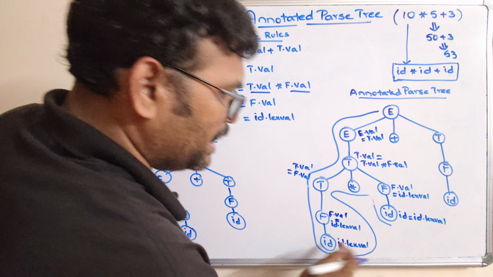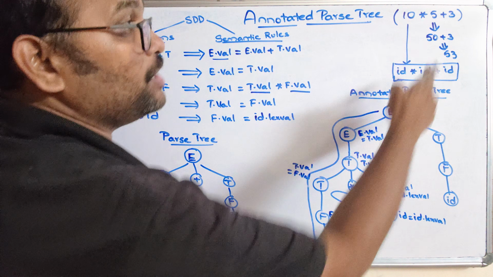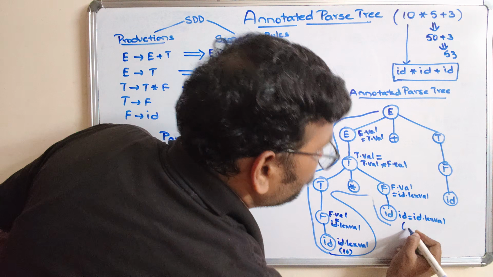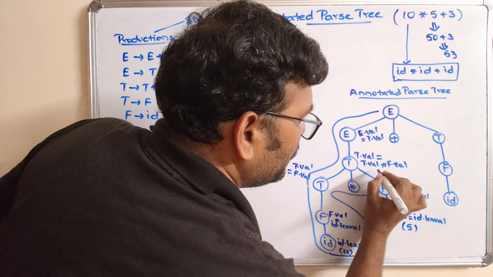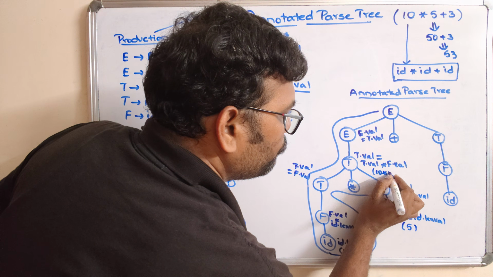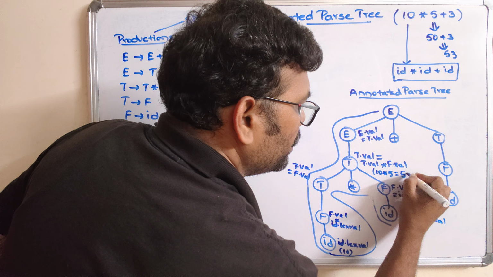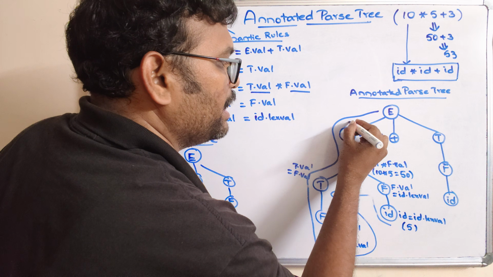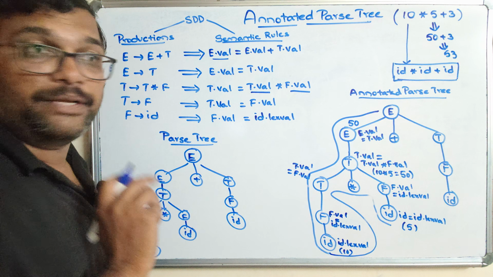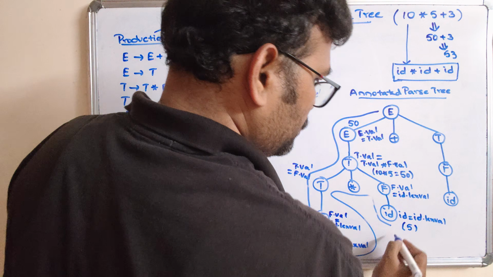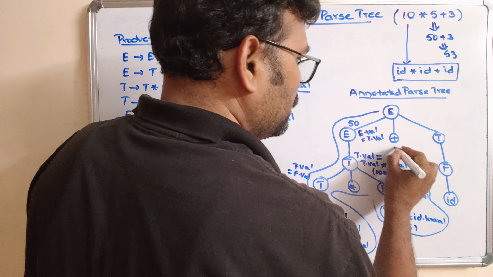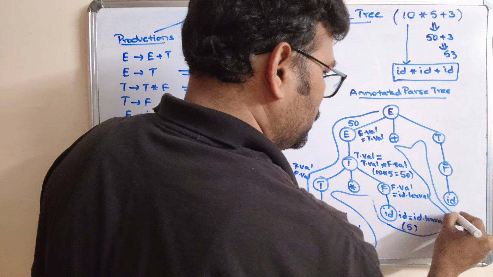So what happens here? It is id dot lexval, the first one, it is 10, and id dot lexval it is 5, and here we'll be getting 10 into 5, which is equal to 50. The value is 50, and here we are getting the value 50. Now again see what happens. It moves upwards, and again it comes here to id.